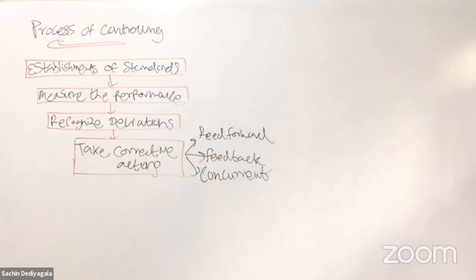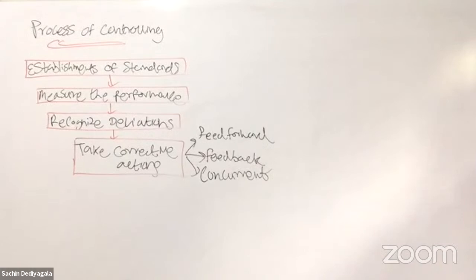Right, I'll come to the screen and we'll explain. Guys, if you can take this snapshot, take this set of steps. The process of controlling consists of four steps. First, you establish standards, measure the performance, recognize if there are any deviations, and take the corrective actions, right?